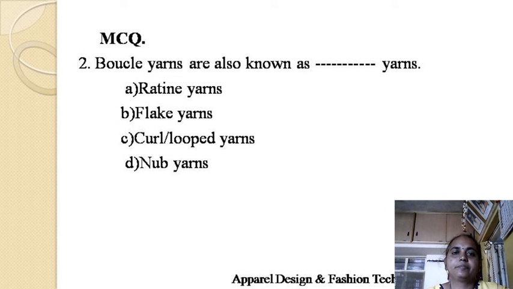Next is boucle yarns. Boucle yarns are also known as dash yarns. First option is rattan yarn. Second, B, flake yarns. C, curl or the looped yarns. D, nub yarns. So, which is the right answer you have to choose?